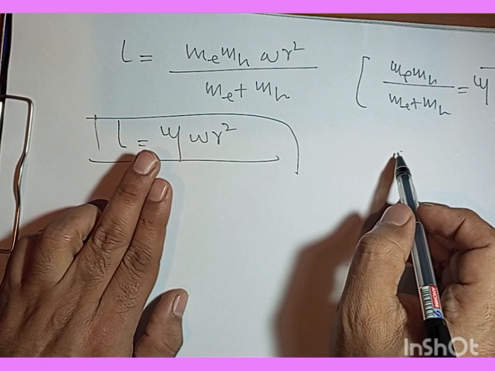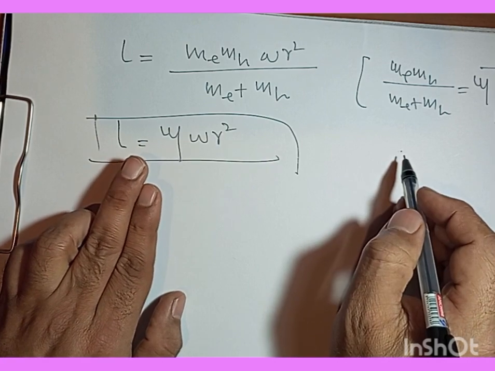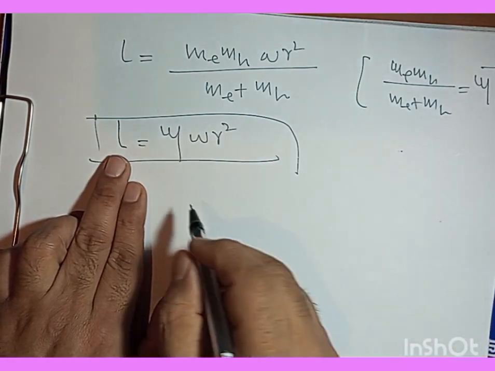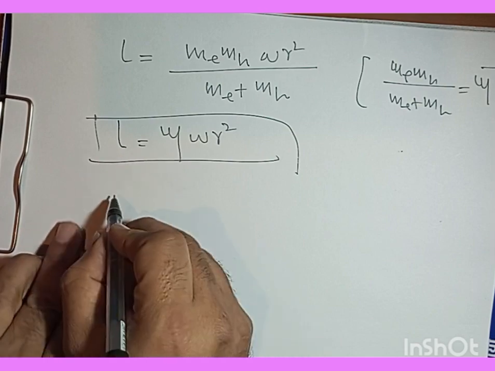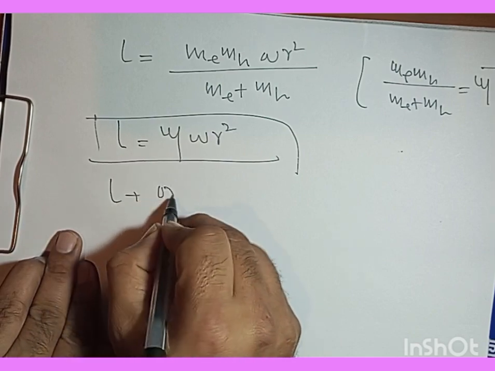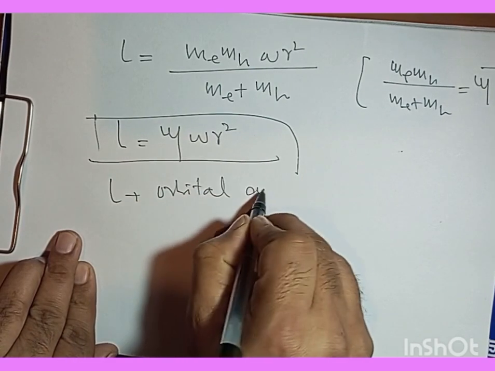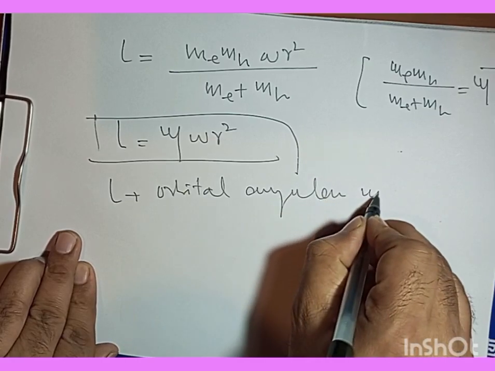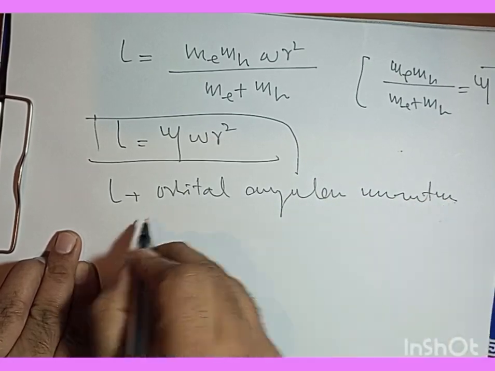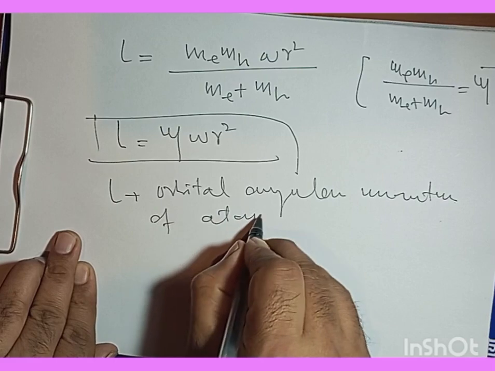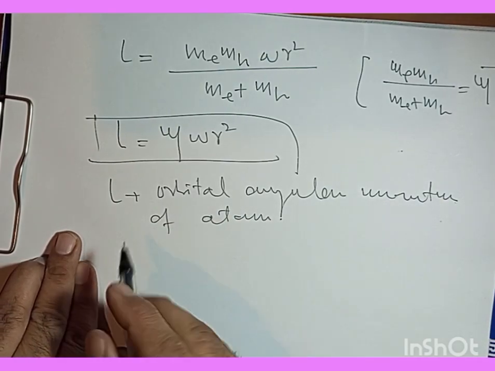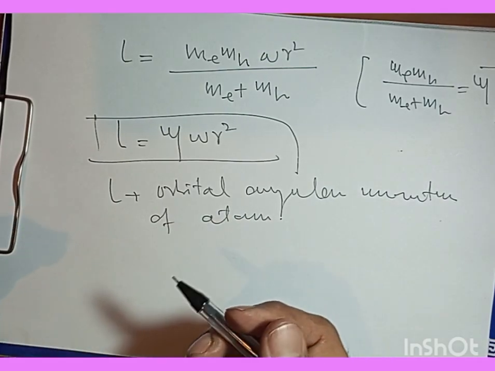So this L is not the orbital angular momentum of the electron. This L is the orbital angular momentum of the atom itself. So Bohr's quantum condition is modified.